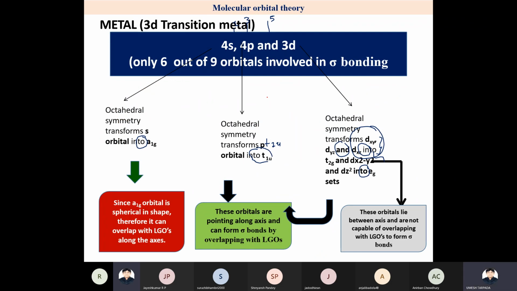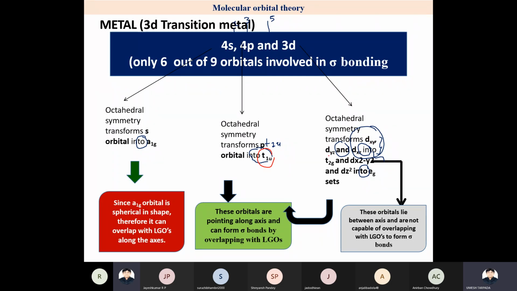Now, which orbitals are responsible for sigma bonds? Of course, the s orbital, or you can say A1g, is responsible for forming a sigma bond. In the case of p orbitals, which one is that? T1u. Px, Py, and Pz is nothing but T1u. It is responsible for forming a sigma bond.